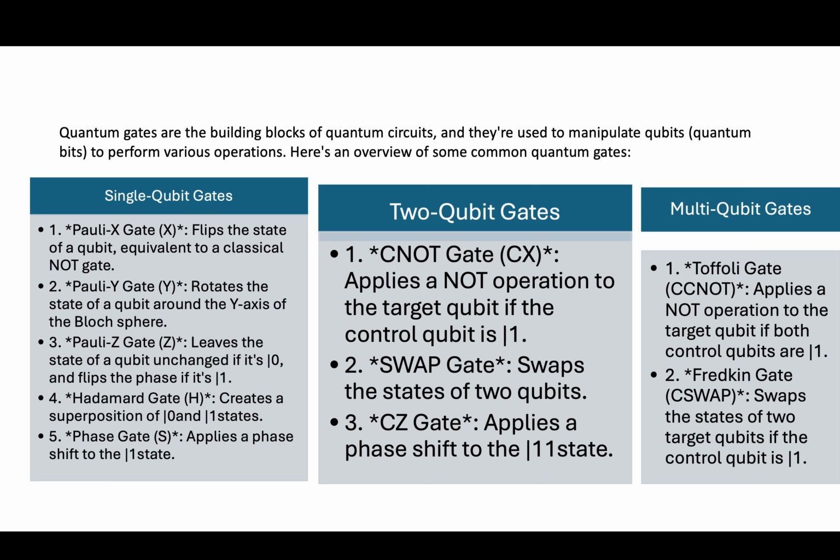As part of single-qubit gates, the Pauli X gate, then Pauli Y gate, Pauli Z gate, Hadamard gate, phase gate, and as part of two-qubit gates, the CNOT gate, CX, then SWAP gate, CZ gate. Multi-qubit gates: the Toffoli gate, CCNOT, then Fredkin gate.